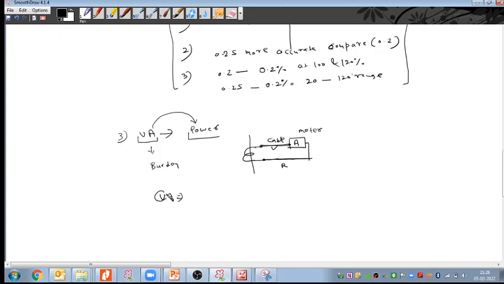V is equal to IR, and A means ampere, which we can write as I. So VA we can rewrite as I square into R. It means we take how much current is flowing through the cable. That current is 1 ampere, obviously, so we take 1 square and R.